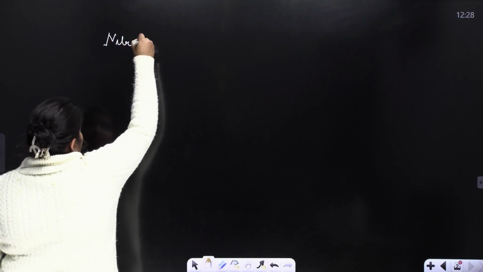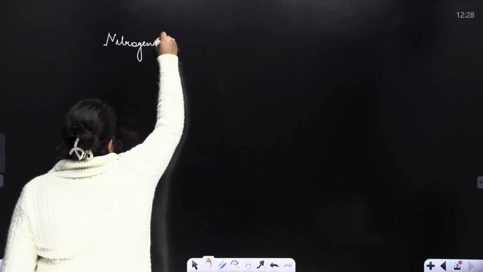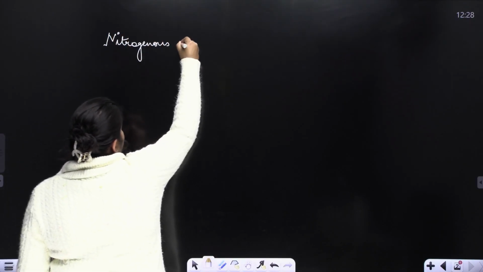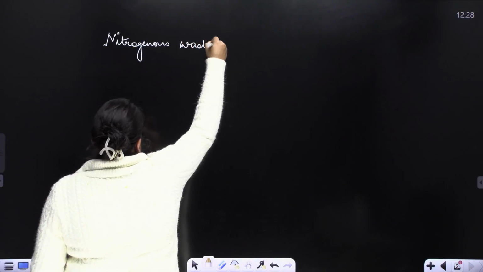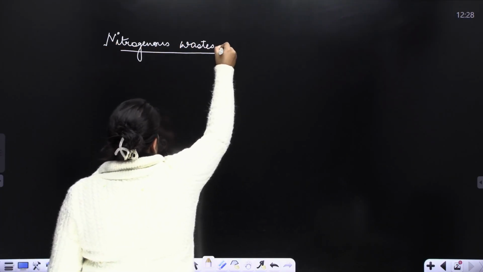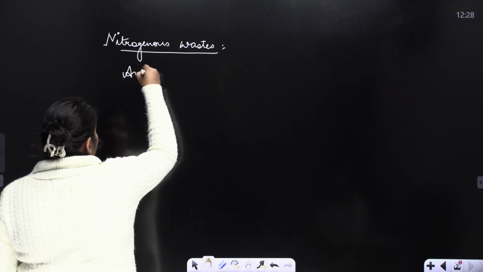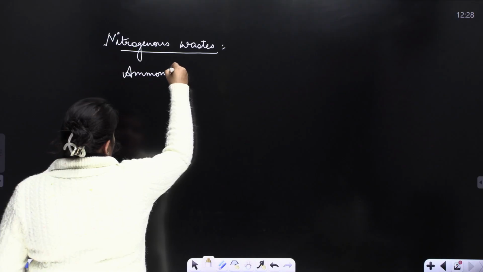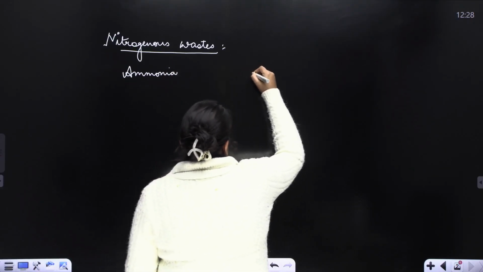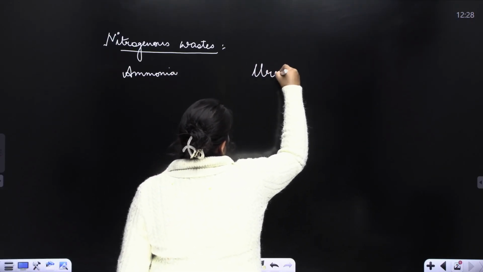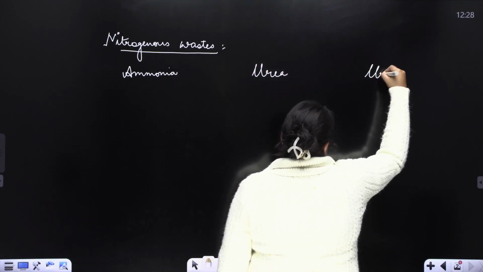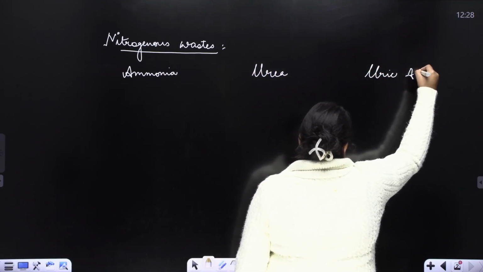Now moving to animals, when I say the nitrogenous waste, the nitrogenous wastes are of mainly three types. It is ammonia, then urea and uric acid.